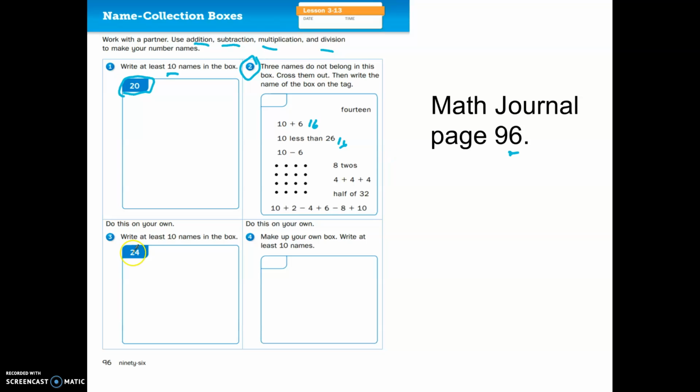Number 3, it's 24. Write at least 10 names in the box. Now, you could also do pictures. So you could do tallies, or you could make like a dice if you wanted to, or dots. And number 4, you're going to make up your own box. Give it your own name and your own ideas.